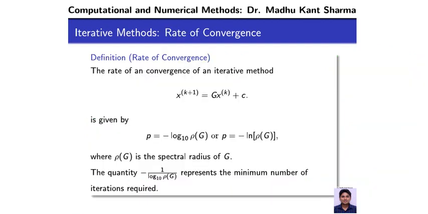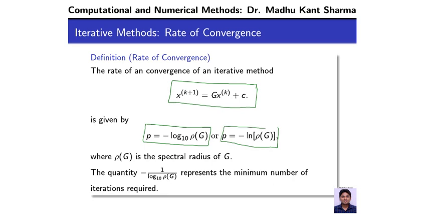Now we are going to define the rate of convergence for a general iterative method, which is given by the following term: R equals minus log with base 10 of the spectral radius of G, or with the natural log, depending on which log you wish to work with. Here rho of G is the spectral radius of G, and the quantity minus 1 over this one represents the minimum number of iterations required.